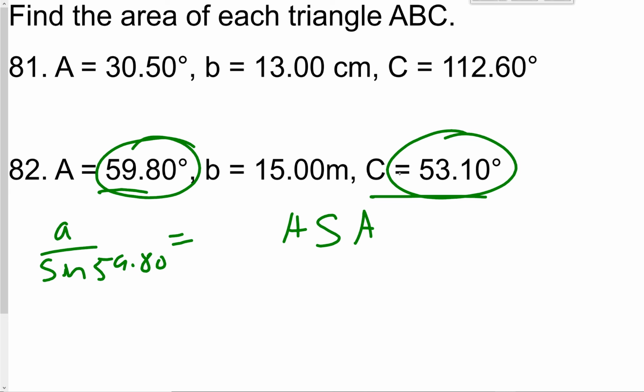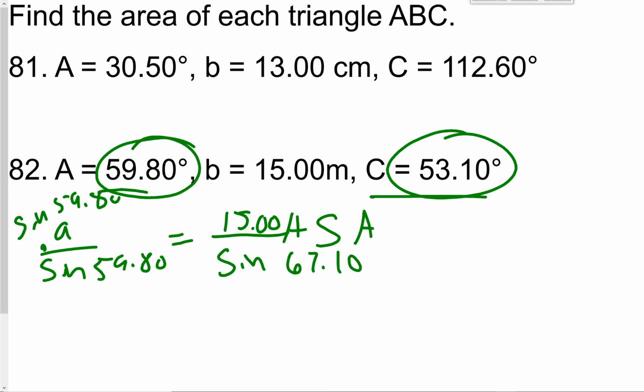So I get 67.10 degrees for angle B. And then b is 15 meters. So I multiply both sides by sine of 59.80. And so I get little a is 14.07. So there's little a. My answer's not done.